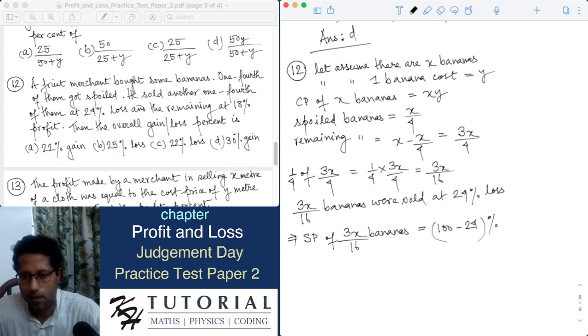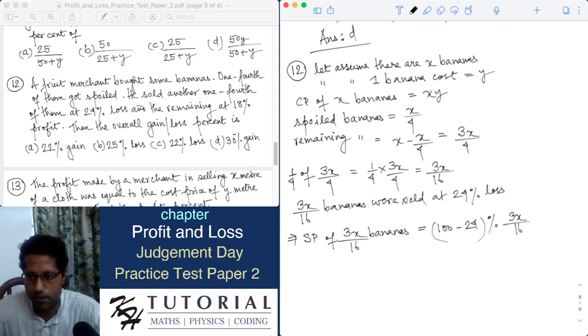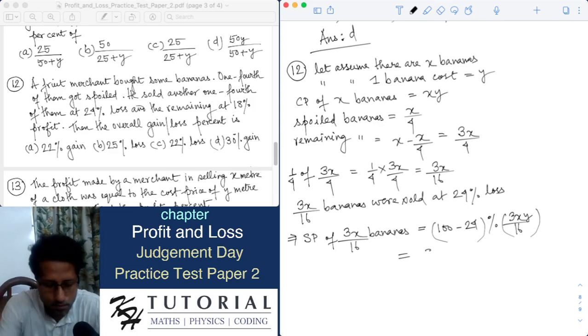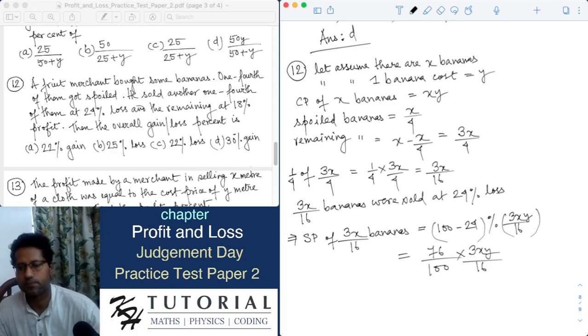The cost price of 3x by 16 bananas is 3x by 16 into y, because one banana costs y. So this is 76 by 100 multiplied by 3xy by 16.